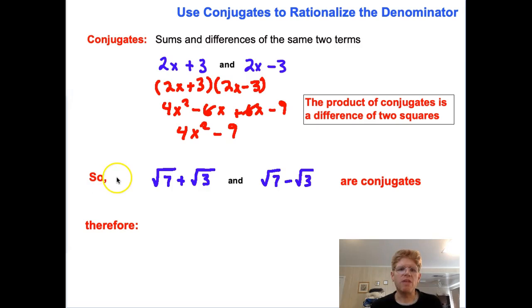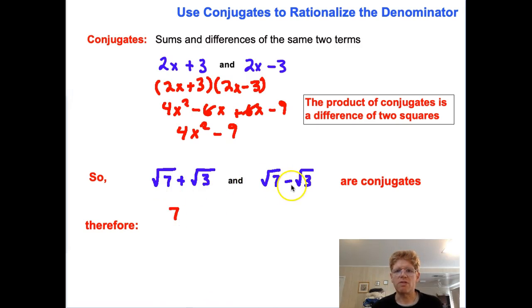The product of conjugates is a difference of two squares. Now, the same thing works when we are using radicals. The square root of 7 plus the square root of 3 and the square root of 7 minus the square root of 3 are conjugates. So the product of conjugates is a difference of two squares. And what we get if we multiply those two together, the square root of 7 times the square root of 7 is just 7.